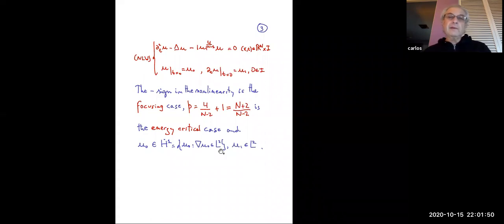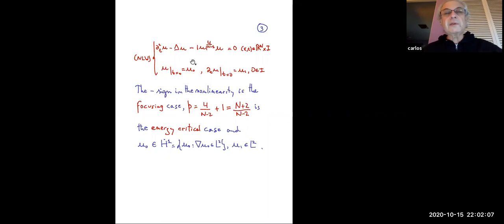And the initial value problem assigns the data u0 at time 0 and the data u1 for the derivative at time 0. The fact that we have a minus sign in the nonlinearity means that we have a focusing case. So there's a competition between the linear part and the nonlinear part.